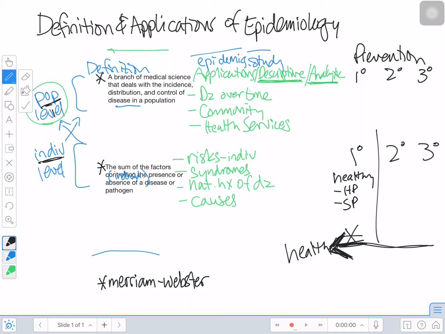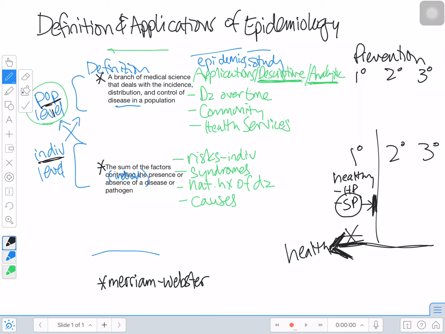So health promotion type things generally move people in that direction, and they may be beneficial for a lot of different reasons. Specific protection, on the other hand, is kind of like a blockade. It prevents somebody from moving in the direction towards having disease. The perfect example of specific protection is immunizations. If we give an immunization for a particular disease, generally it is protecting specifically for that one disease.